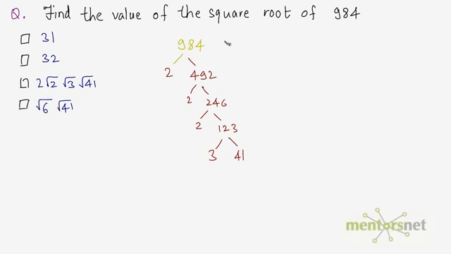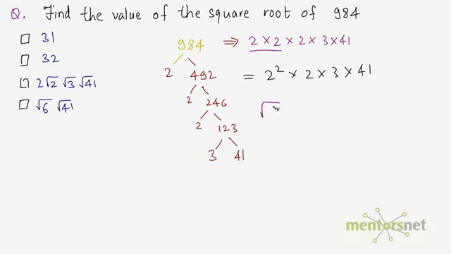So 984 can be written as a product of its prime factors. So they are 2 times 2 times 2 times 3 times 41. Now this can be grouped as 2 square. The rest is as it is: 2, 3 and 41. So it is equal to 2 square times 2 times 3 times 41. Now we can take the under root on both the sides of equal to.